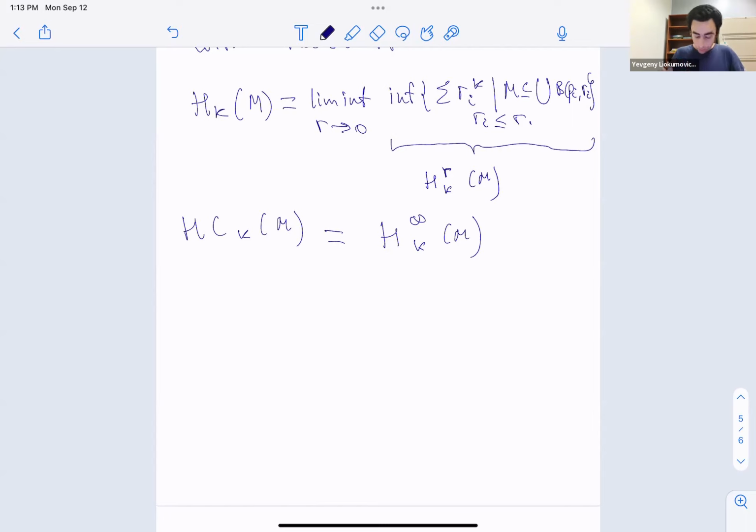So a few things to note about this quantity. Properties of Hausdorff content.